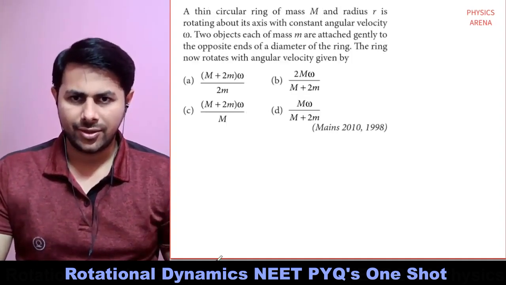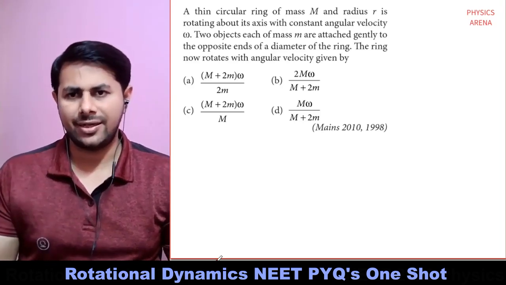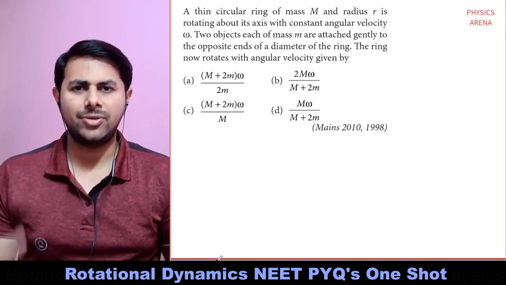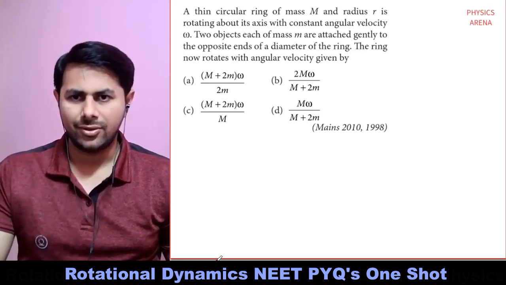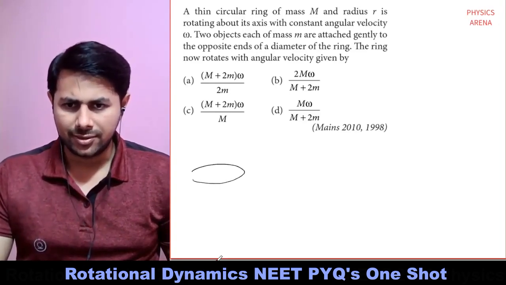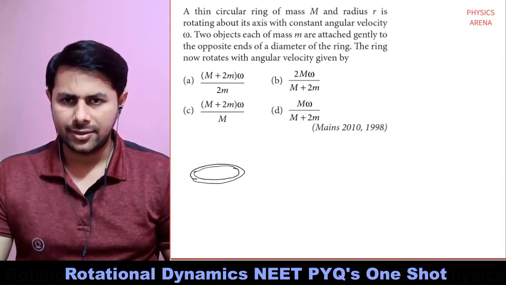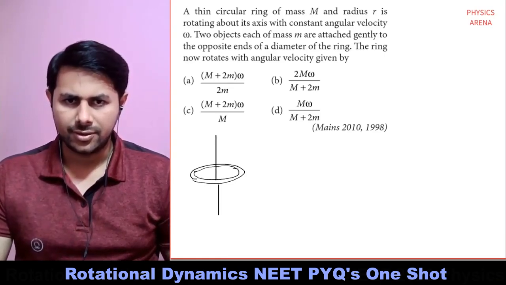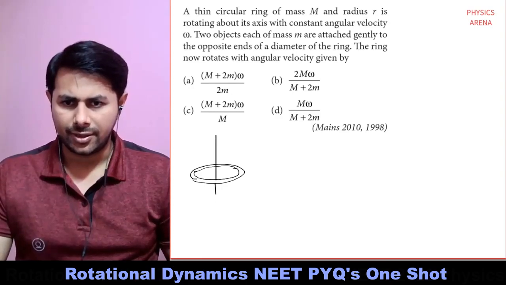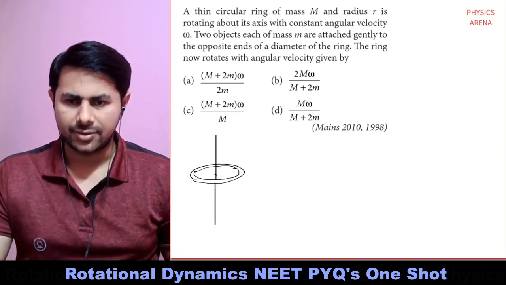A thin circular ring of mass m and radius r is rotating about its axis with constant angular velocity omega. When it is said about its axis, it means the natural axis, which passes through the center of mass and is perpendicular to the plane of the body. So this is the ring, and this perpendicular axis passes through the center of mass.